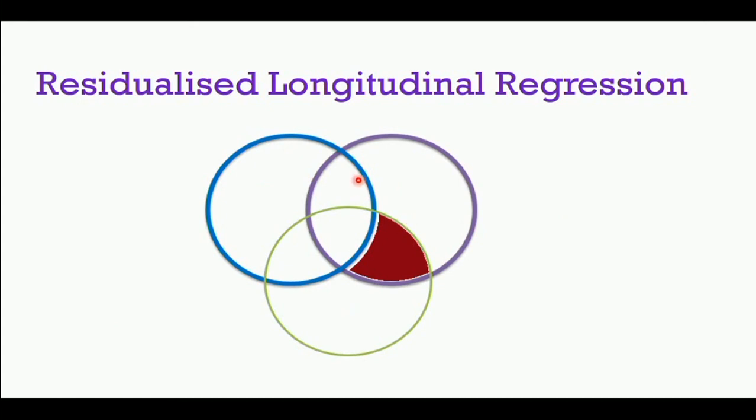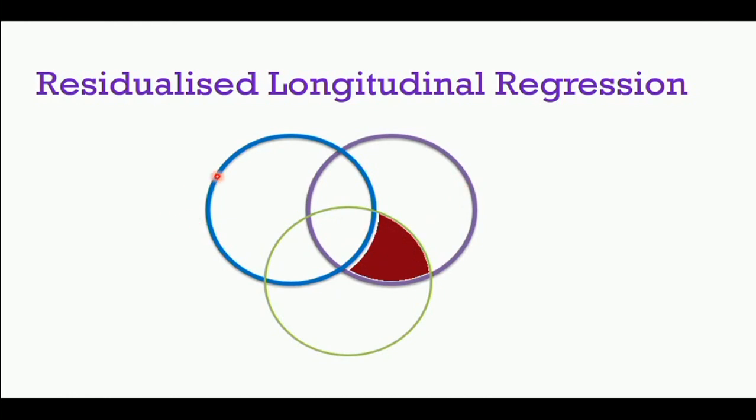I want you to just ignore for a moment, if it's possible, the blue, and just focus on the green here. If we measured the green at age 12, and the drug use at age 16, then this bit here and that bit here would overlap.